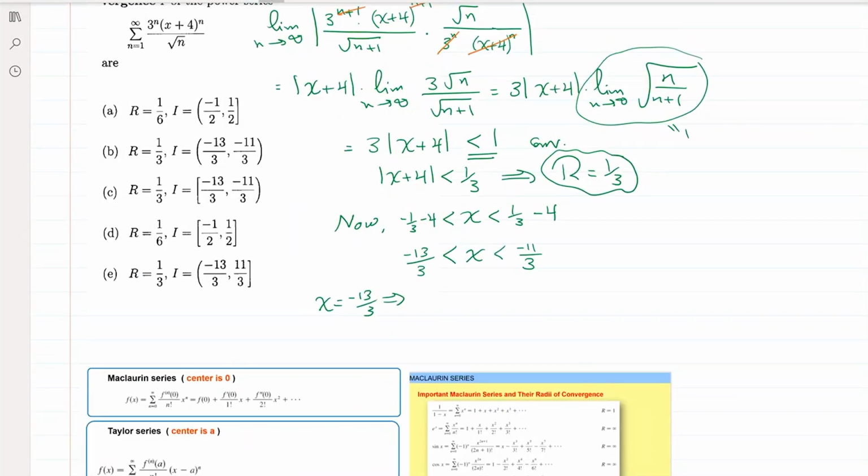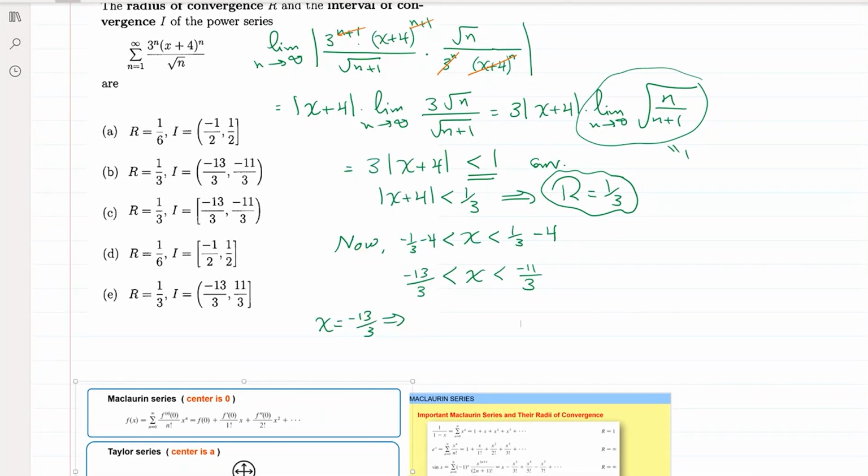You substitute it in the original series, and instead of x you put minus 13 over 3, so x plus 4 is minus 1 over 3. Yes. So it will be the sum of 3 to the power n times (minus 1 over 3) to the power n over root n, and this equals the summation of (minus 1) to the power n over root n.